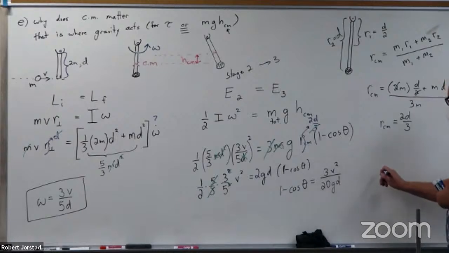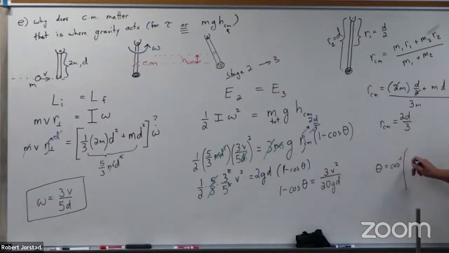And out of all that, you get theta equals cosine inverse of 1 minus that junk. Do a little algebra there. What should we check? Units. Do you agree this is crazy? You want to constantly check your units. What are the units of V squared? Meters squared per second squared.